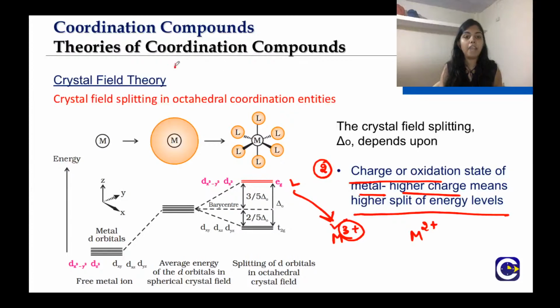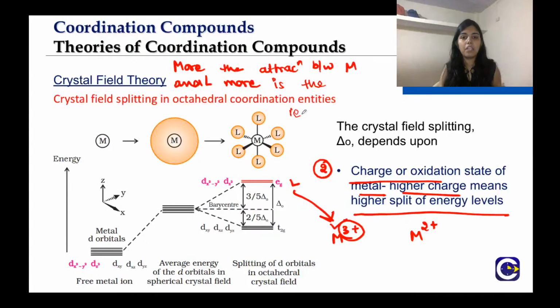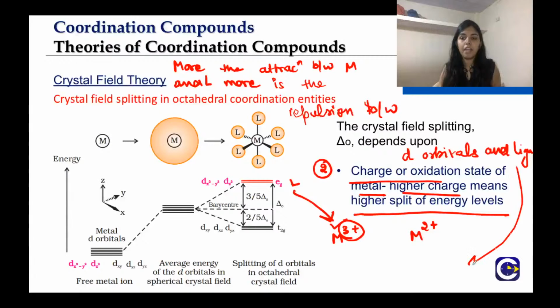You can remember that more the attraction between metal and ligand, more is the repulsion between d orbital and ligand, and therefore the delta O will increase.